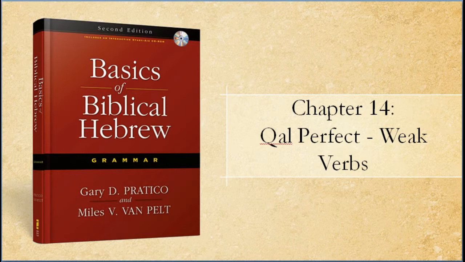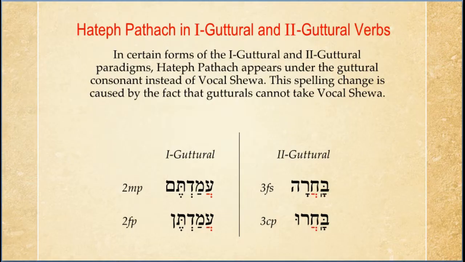We're still looking at the Qal stem at this point, and the perfect conjugation. So, what is a weak verb? It's going to have gutturals in the first, second, or third position in the stem.